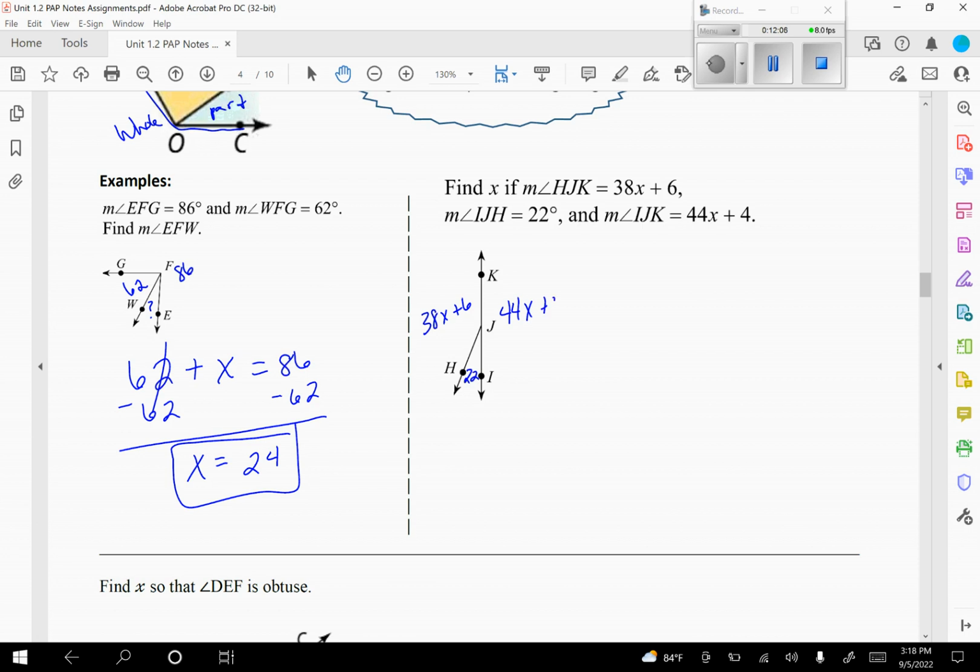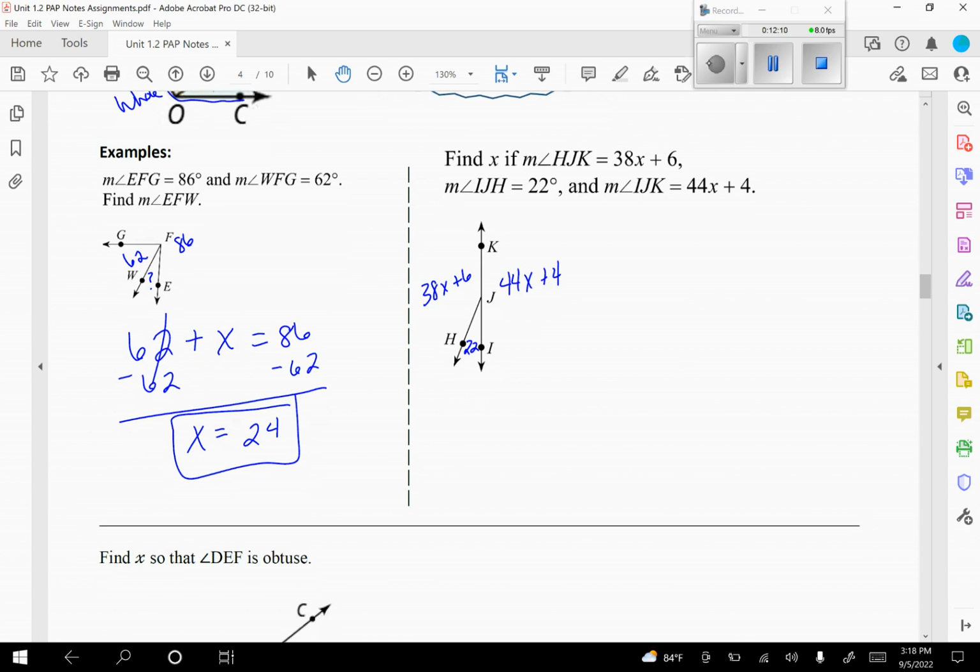is 44x plus 4. Okay, so now, like I said, you cannot make any judgment about what size any of these angles are, except for the 22, because you don't know what x is equal to. And once you know what x is equal to, then you could plug in and find out what they are. So do not make the assumption that this IJK is a straight angle, because we don't actually know.